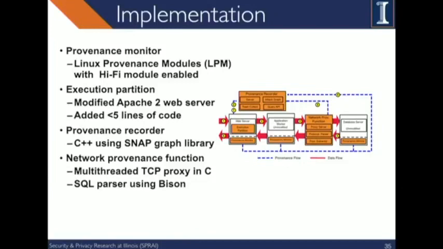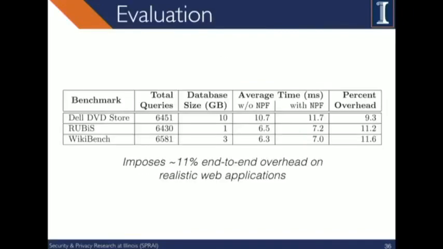And then we have this provenance recorder that maintains an in-memory graph of the provenance of these different objects. All right. So we tested the overhead of this system against a bunch of different realistic web service workloads. We used the iconic Dell DVD store benchmark, RUBiS, and Wikibench, which is what Wikimedia or Wikipedia is based off of.